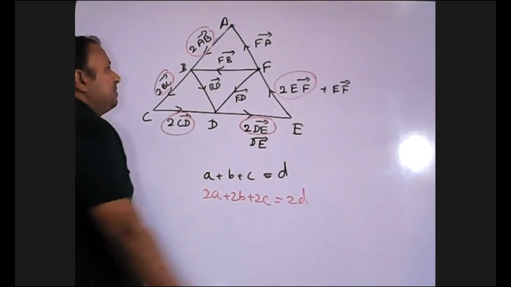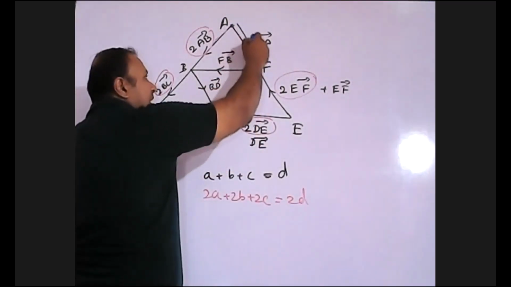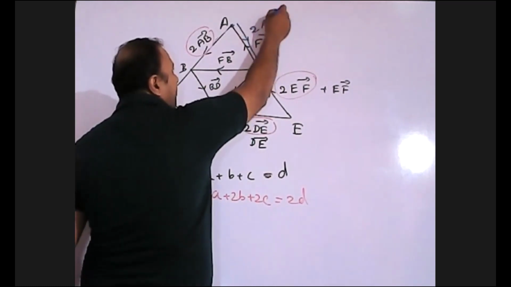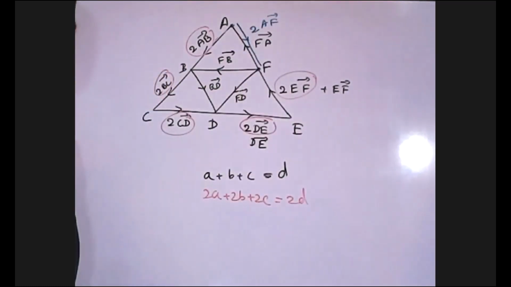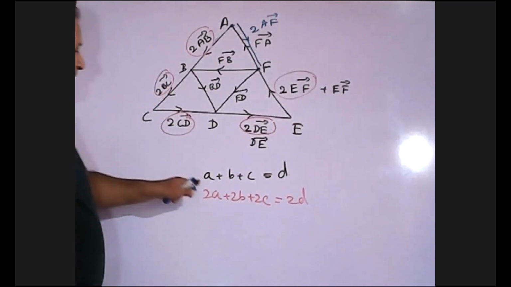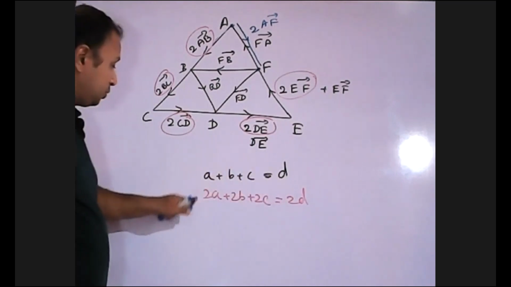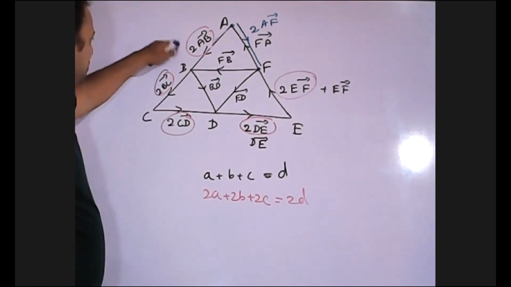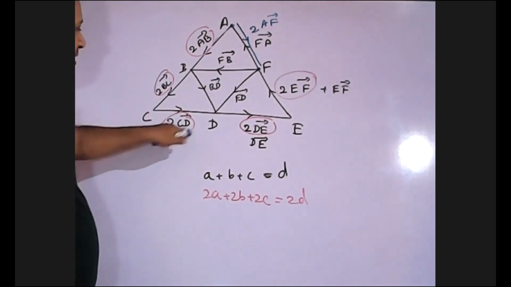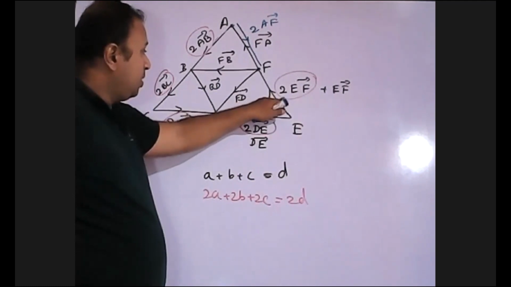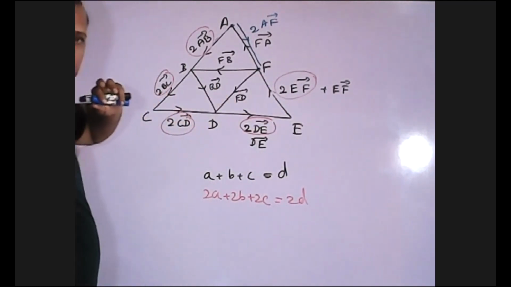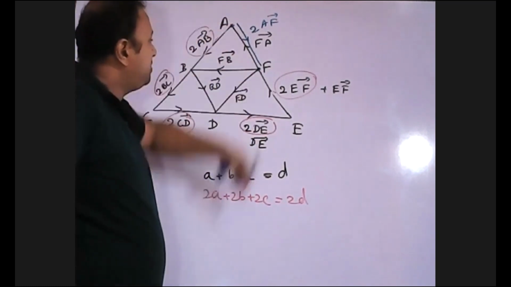Therefore, the resultant should be from the starting point to the end point, it is equal to 2AF. All are 2, no? If A plus B plus C is equal to D, then 2A plus 2B plus 2C is equal to 2D. Likewise, 2AB plus 2BC plus 2CD plus 2DE plus 2EF plus 2FA is equal to 0.